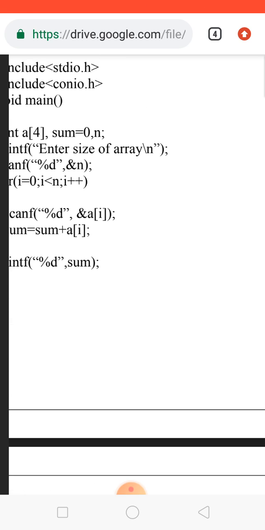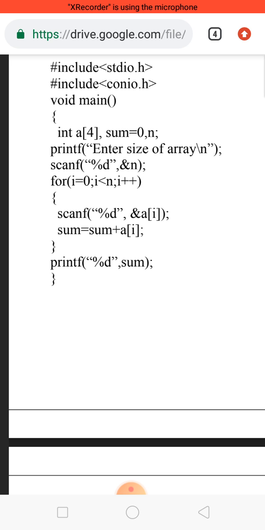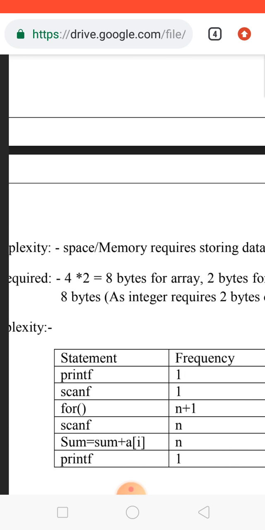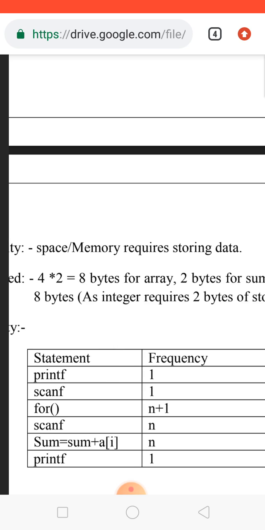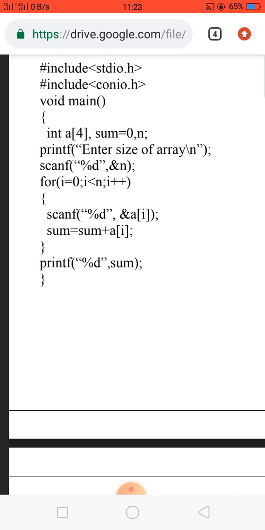Then the for loop: how many times is this line going to perform? It comes out of the loop when i equals n, so that is n plus 1 times. So the frequency count is n plus 1, and it requires t3 amount of time.